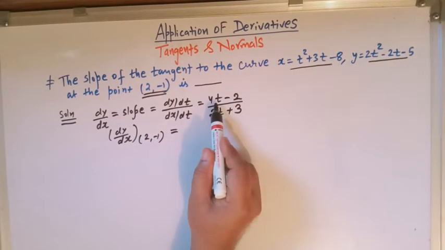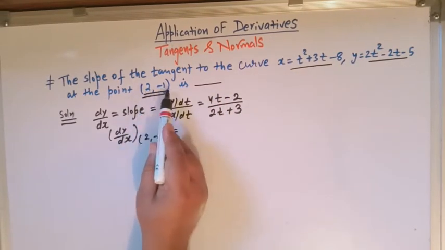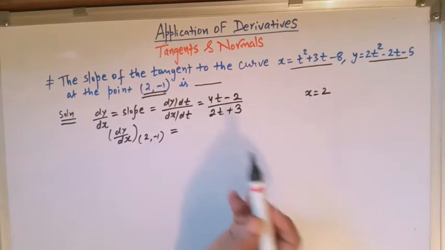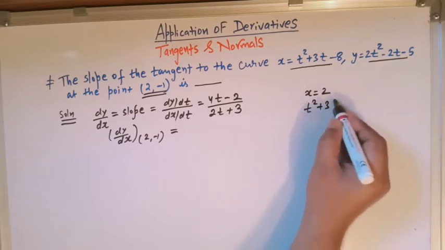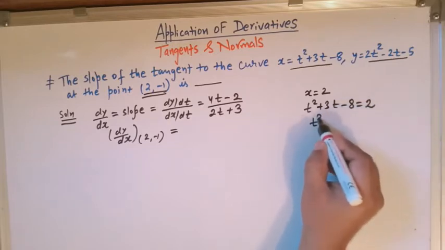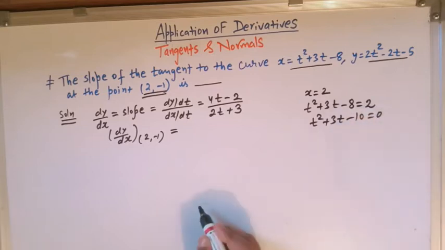So let us first find the value of t. Here we have the point 2 comma minus 1. So x is equal to 2 implies t square plus 3t minus 8 is equal to 2. So we have t square plus 3t minus 10 is equal to 0.